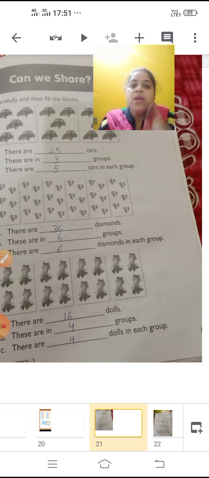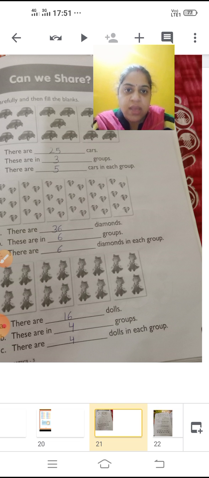Understood? You have to do it very neatly, and you have to see how we are doing it, where we are using multiplication, where we are using division.